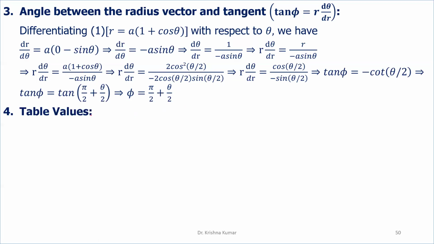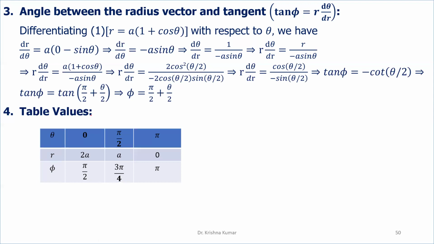Let us try to find some table values. Now we have given the curve r equal to a times of 1 plus cos theta. If you put theta equal to 0, cos 0 is 1, so r equal to 2a. And at theta equal to 0, what is the value of phi? It is pi by 2.